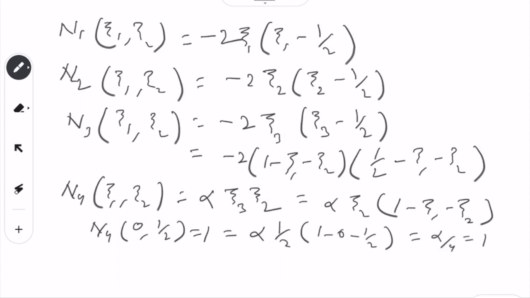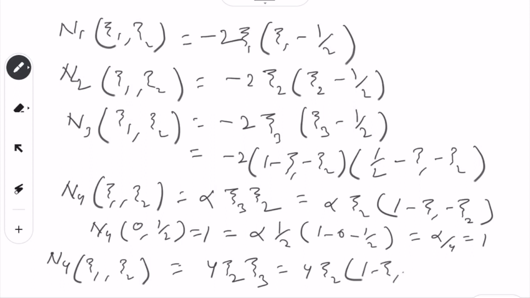Here we know alpha equals 4, so n4 of xi1, xi2 is equal to 4 xi2 xi3, which you can write as 4 xi2 times (1 minus xi1 minus xi2).